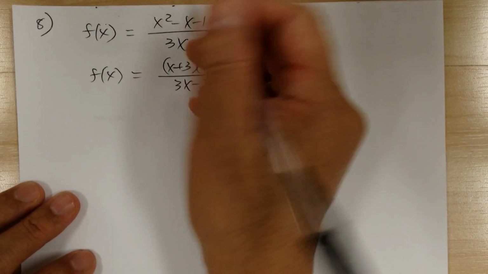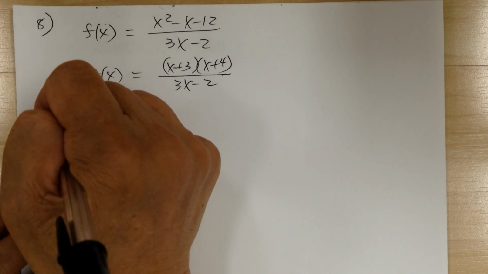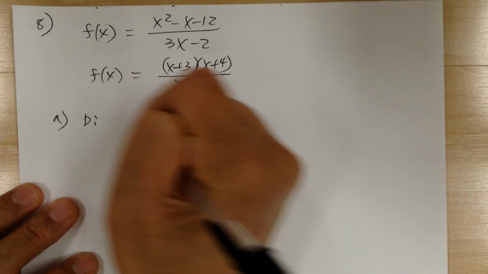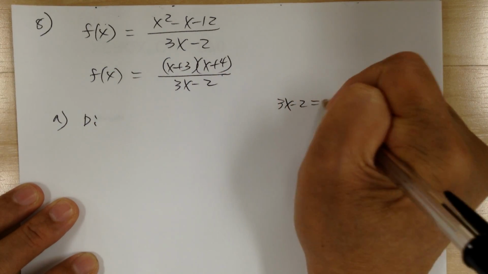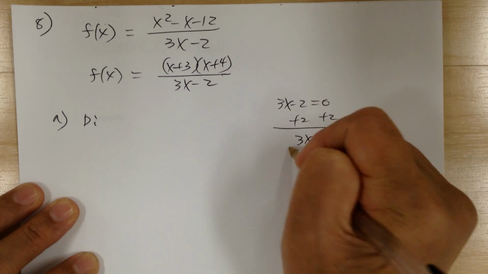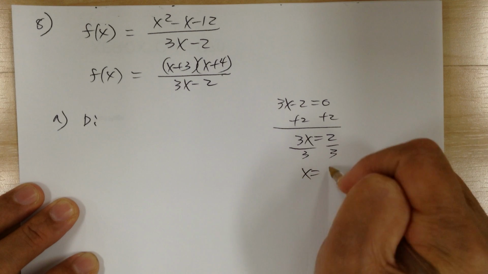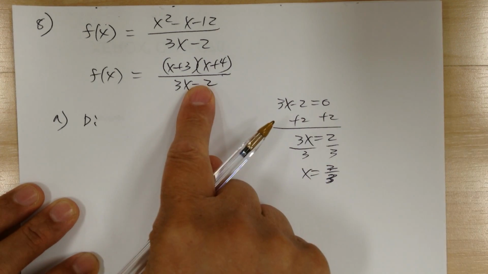Okay. So again, to find the domain, you have to find out when this will equal 0. So if you set it equal to 0, divide by 3, so x equal to 2 over 3. So when x equal to 2 over 3, this will become 0.